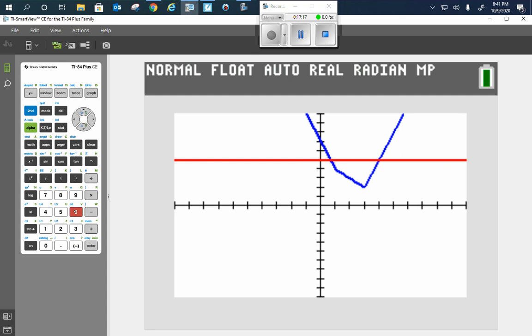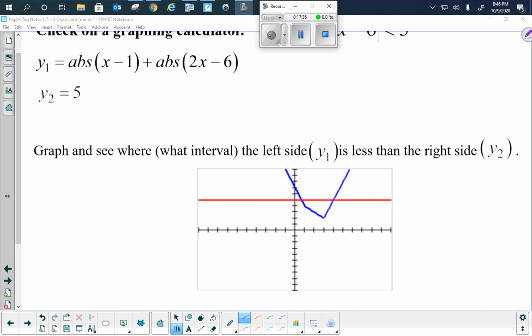Let's make the connections between what was happening with this and with our last problem. So let's make the connections with what we did by hand. First, we should expect them to overlap at our critical points.